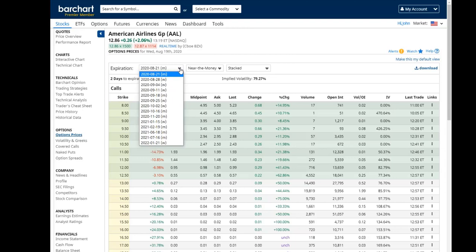Notice that we do have ones that are Ms, those are monthlies, and we do have weeklies. Some of us might have learned that I want to find a strike expiration where I don't have a lot of time, because as we get closer to expiration, that call will deteriorate or decay, and we're going to capture that premium.